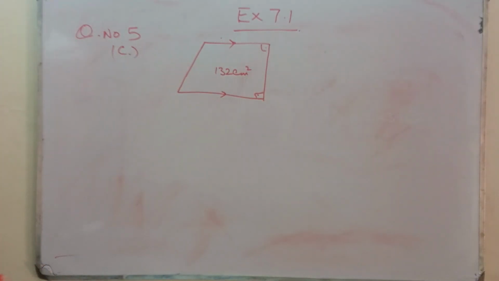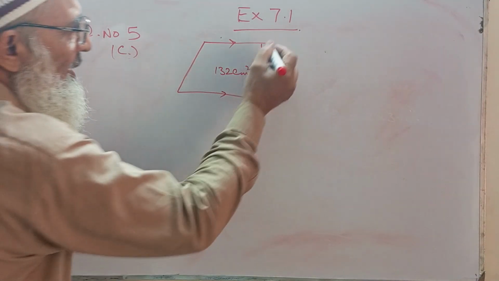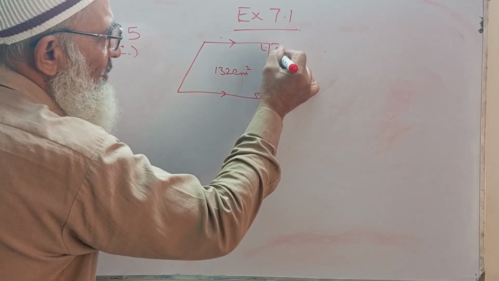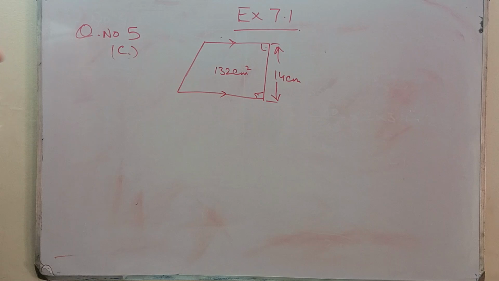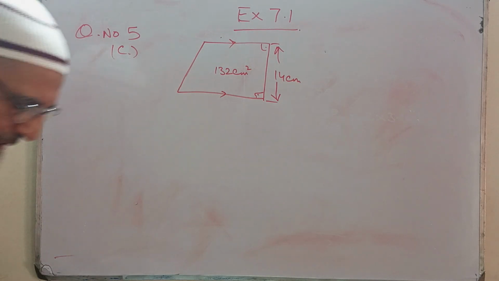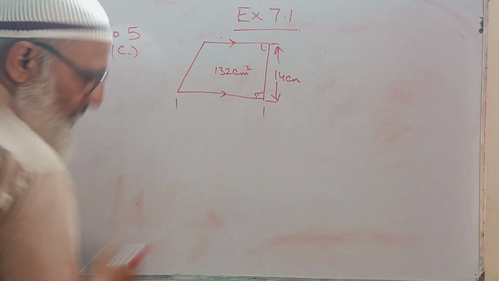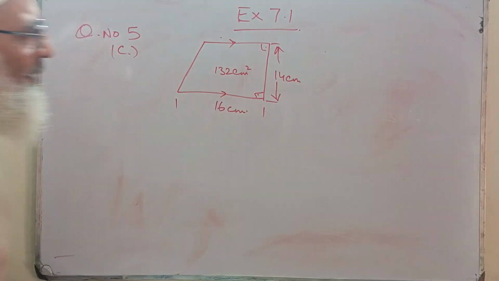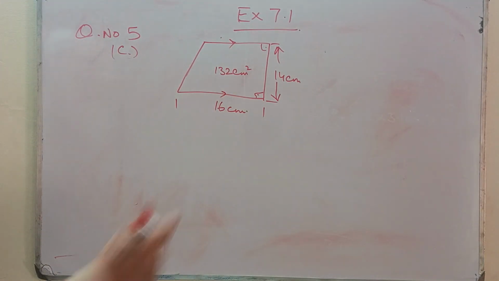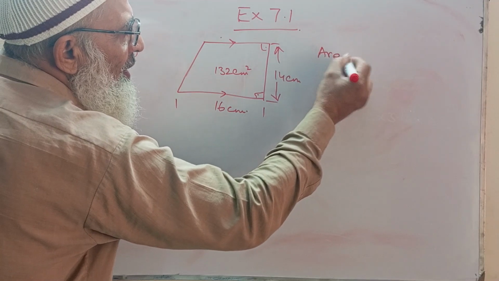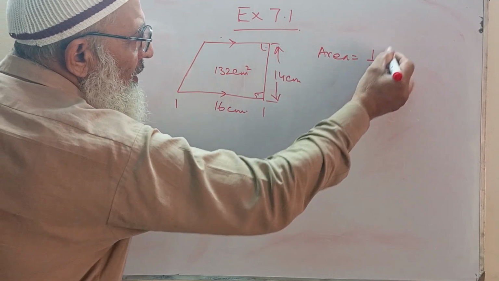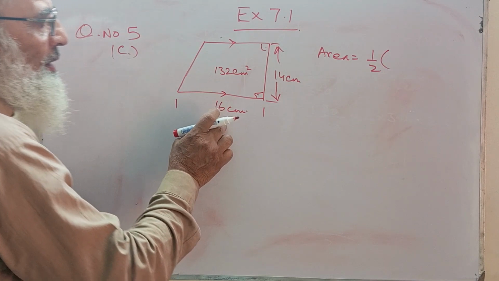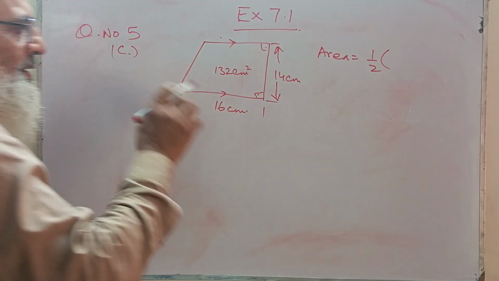Area is 132 centimeter square, and this side is 14 centimeter. It means it is the height, and this side is 16 centimeter. Now remember, the area of a trapezium was half the sum of two sides.